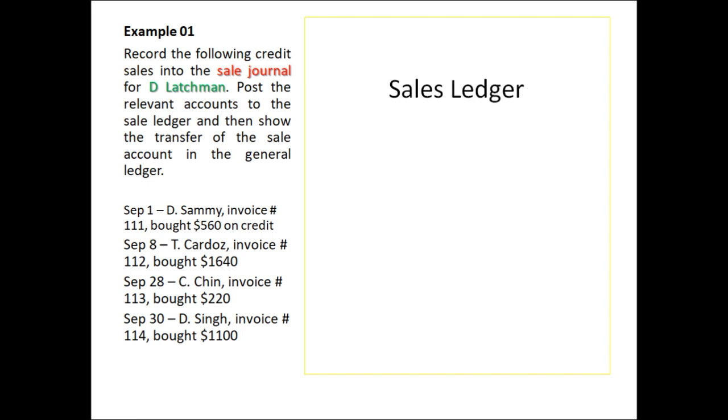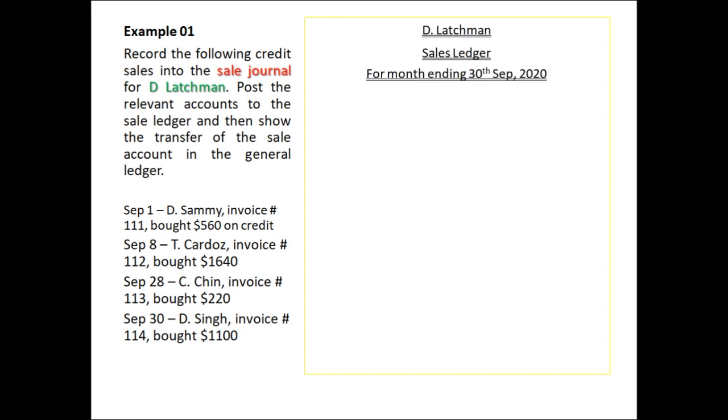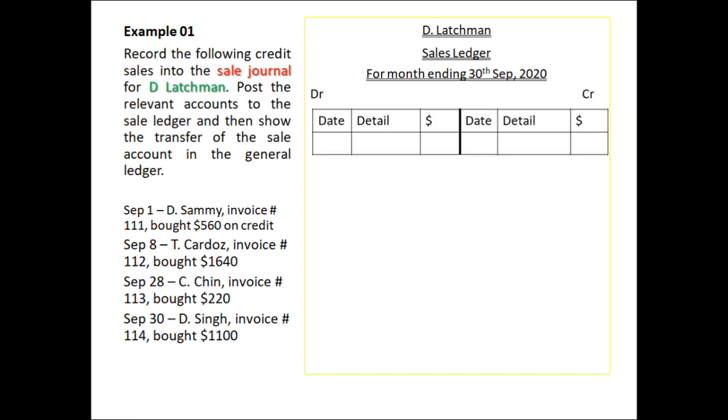In this case, the account is being prepared for D. Latchman, and we need to state what type of account is being prepared. It's a sales ledger, for the month ending 30th of September 2020. And then we draw up the format. The format is also called a T account, because it is in the shape of a T, and there's a debit and a credit side to this format.